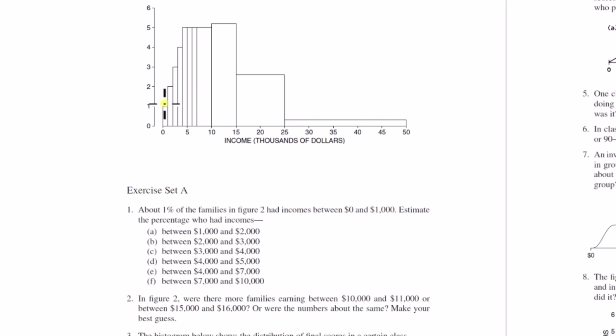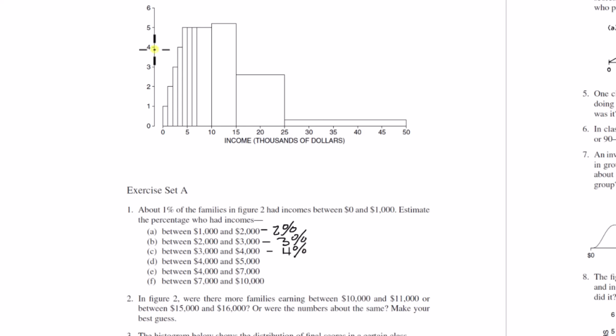Okay, so between 1,000 and 2,000, we've got 2 times 1, so 2%. Between 2,000 and 3,000, we've got 1 times 3. Between 3,000 and 4,000, you've got 1 times 4.